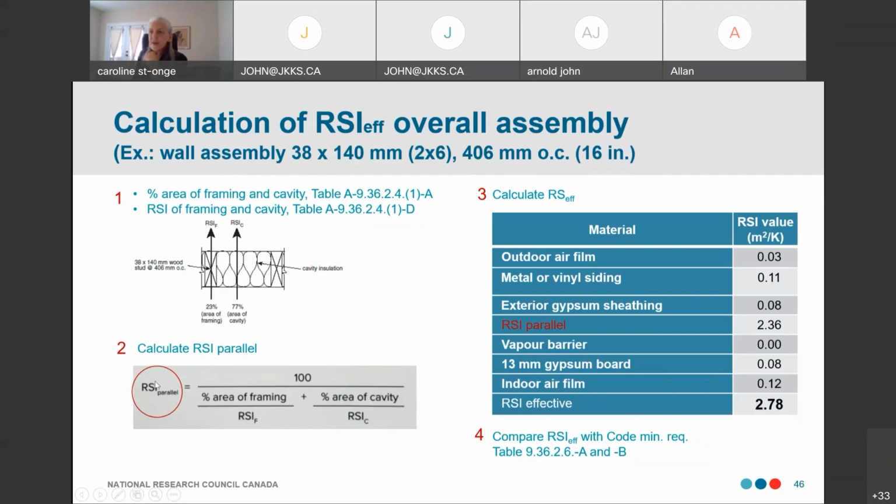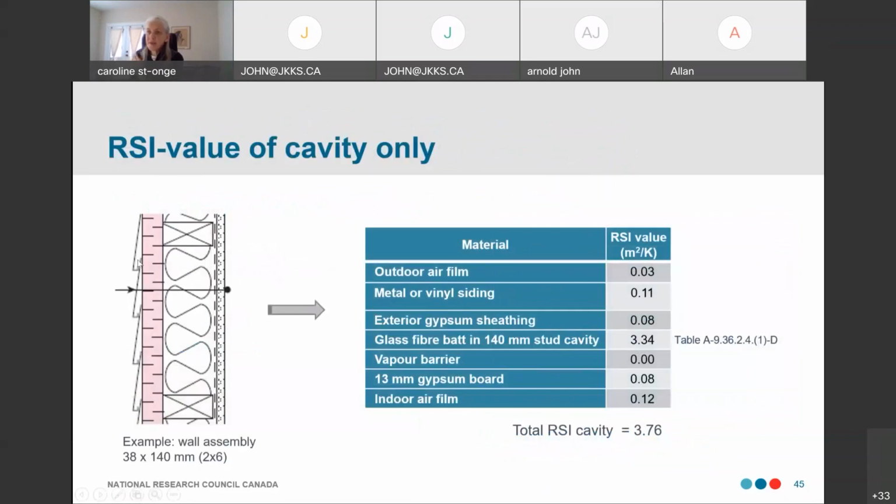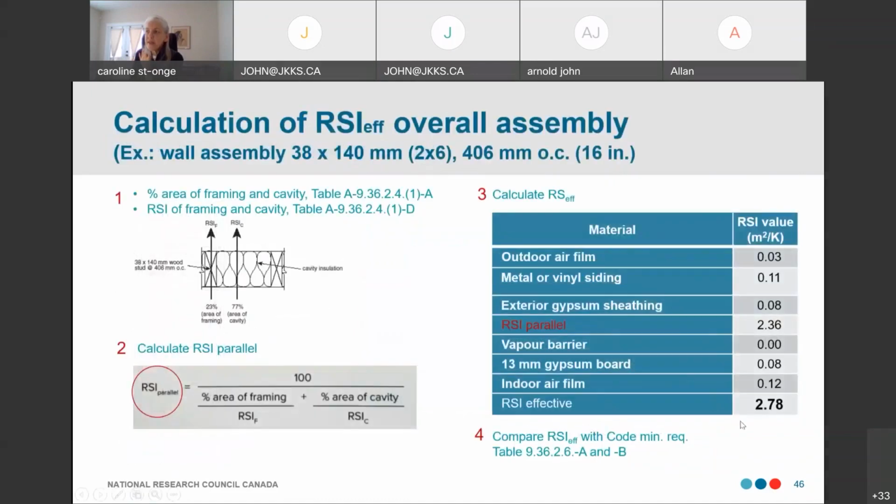Once you have that number, you include it in your summary of all the different thermal resistances of each component within the wall assembly, from outdoor to interior. And if you make the total of this, you will get 2.78. If I go back to the previous calculation, we had 3.76. So you notice, I guess, the reduction of the actual thermal performance of this wall when you consider the NBC method of calculation.